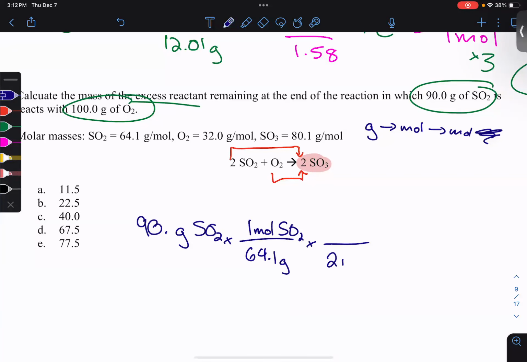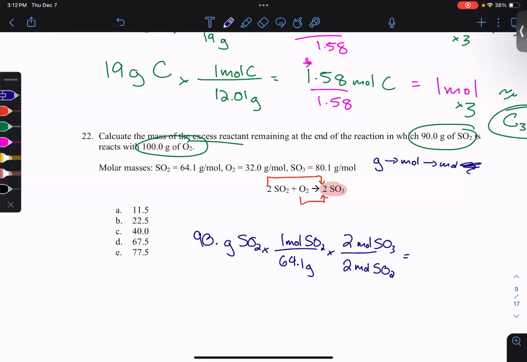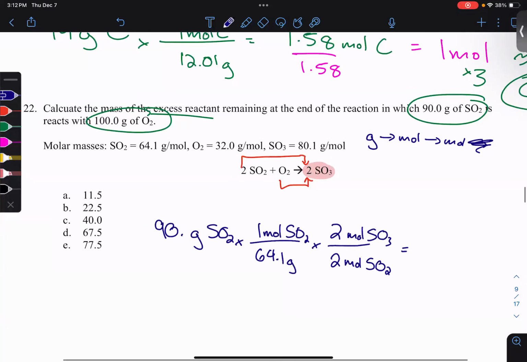For every 2 moles of SO2, I make 2 moles of SO3. I'm not going to convert that product to grams. I don't have to. Why don't I have to? The question doesn't ask for it. So I'm not going to bother using the molar mass of SO3 to get a gram amount.